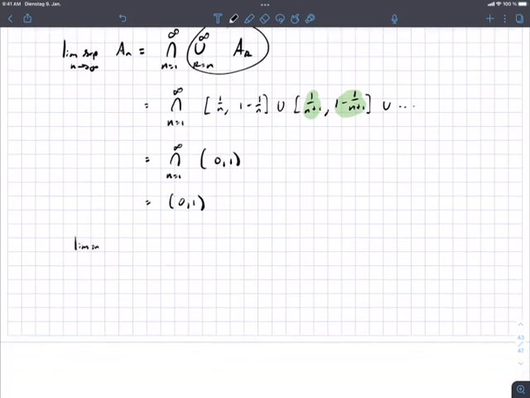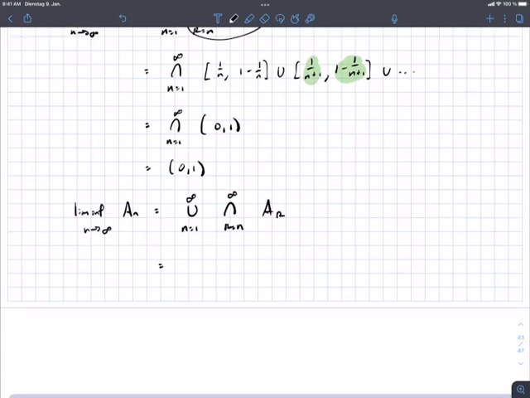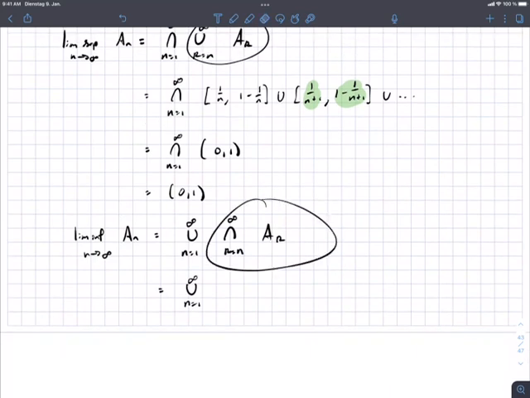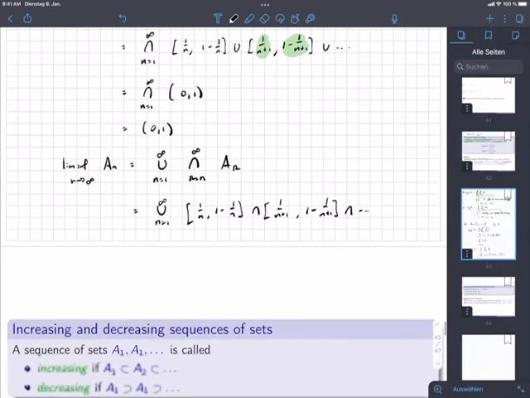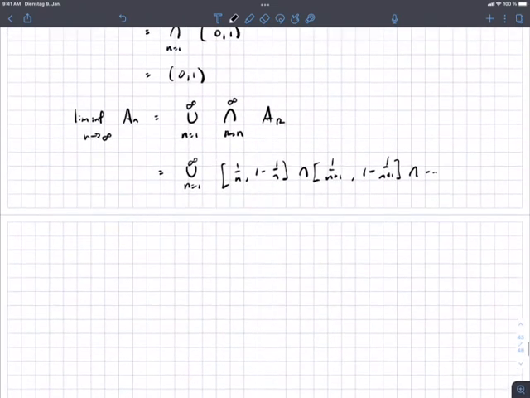The lim inf is what? Union intersection of A_k. So let's do this first. Okay, so intersection of these. It's going to look like (1/n, 1 minus 1/n), intersection (1/(n+1), 1 minus 1/(n+1)), intersection, and so on. And these intervals are getting wider and wider.